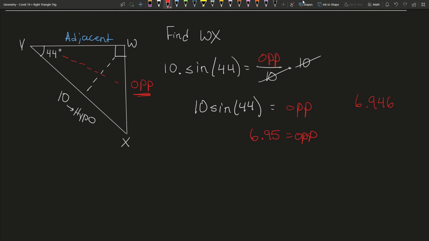And we want to round to the 100th, so this one goes up. So it's 6.95. Okay, questions on this example?